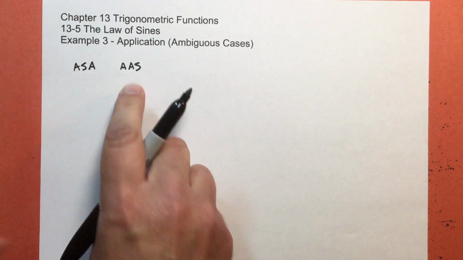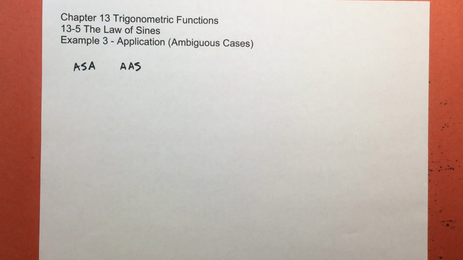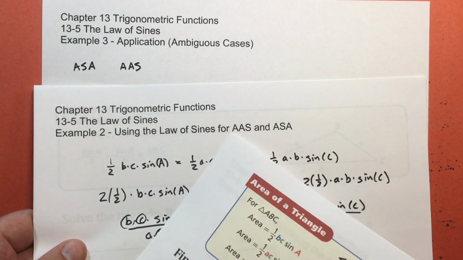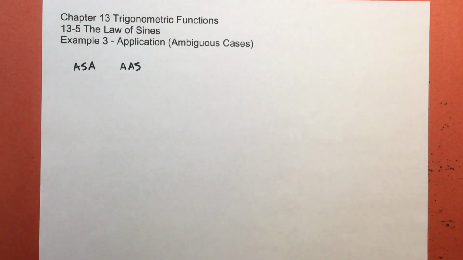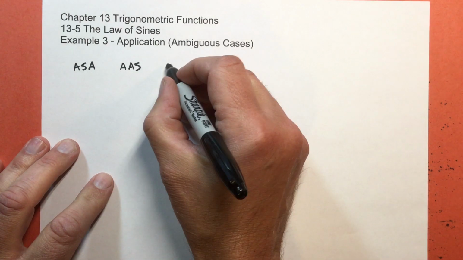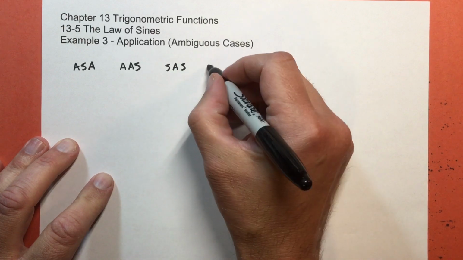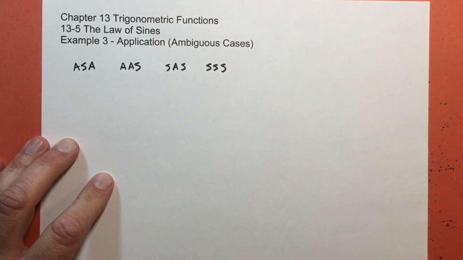Both of these are what we just dealt with in the law of sines. As a matter of fact, the title of it was Law of Sines for Angle, Angle, Side, and Angle, Side, Angle. Okay. Now, we also know side, angle, side, and side, side, side from geometry.